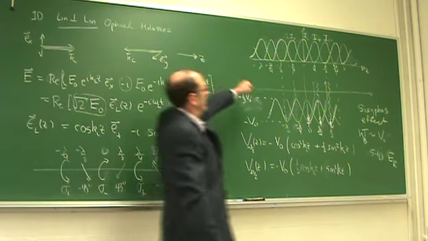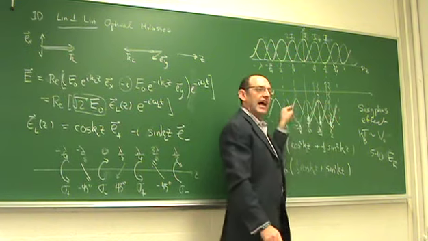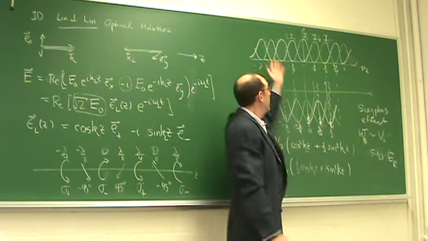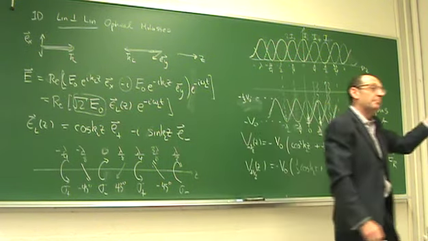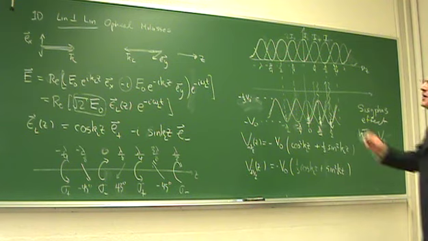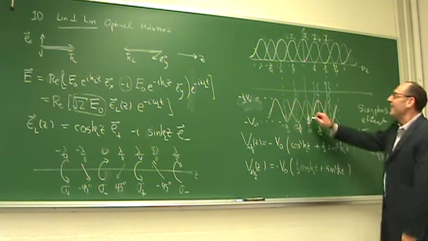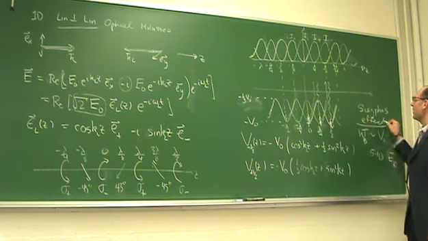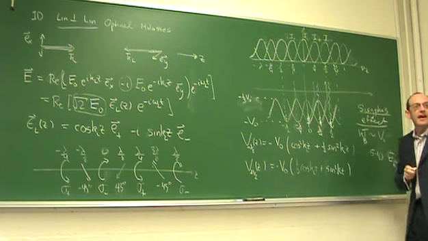And it varies periodically as a function of space, because the intensity in sigma plus and sigma minus is varying periodically as a function of space. And so what we see here is what is now known as the Sisyphus effect.